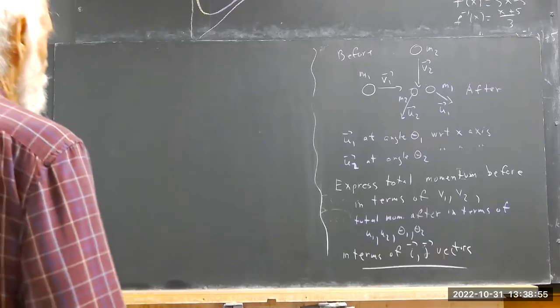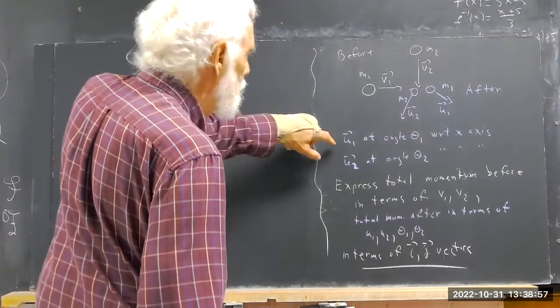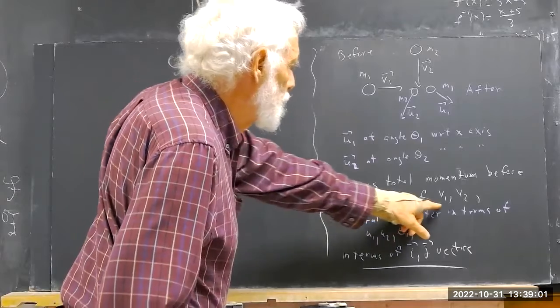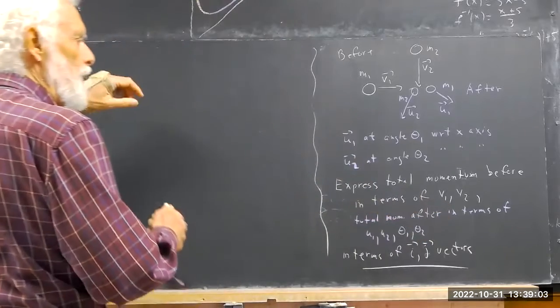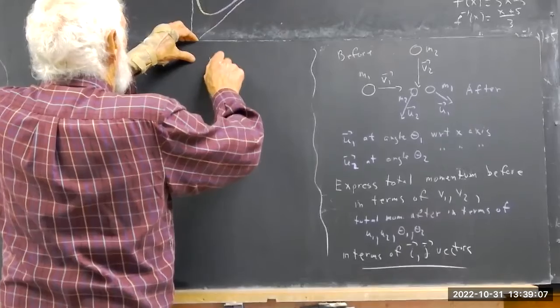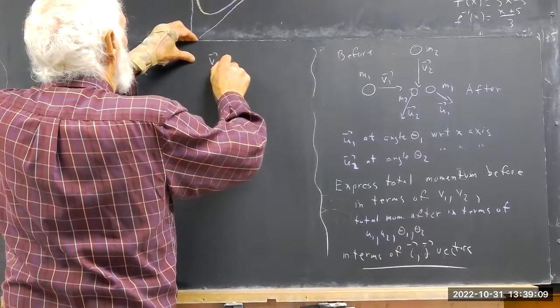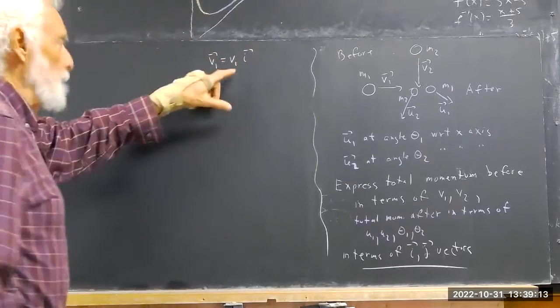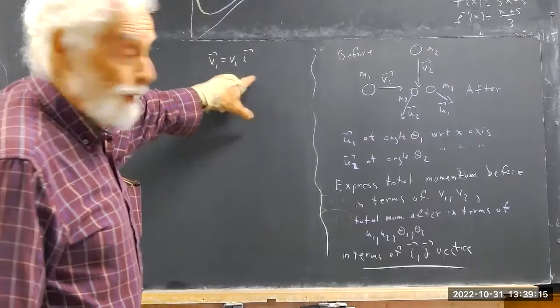Okay. So, express the total momentum in terms of V1 and V2? Well, the first thing we have to do is say that V1 equals the magnitude of V1 times the I vector.